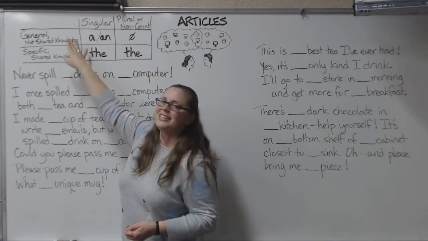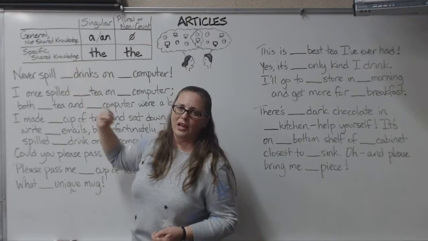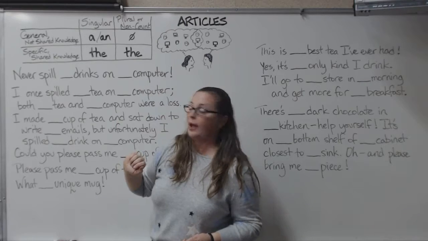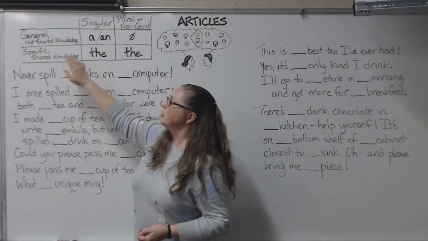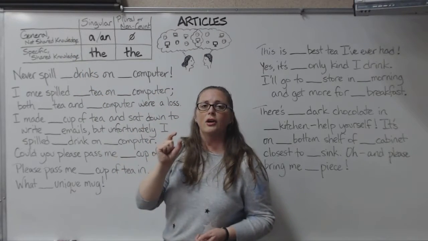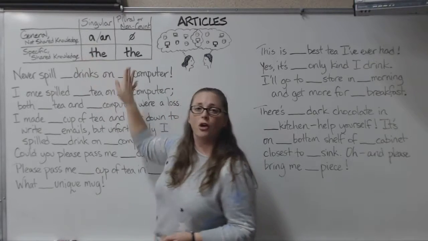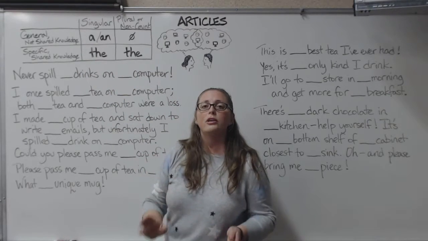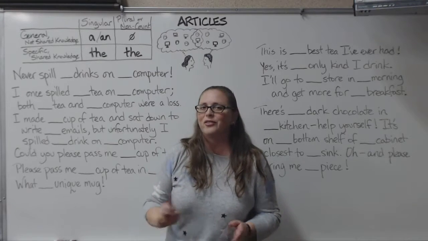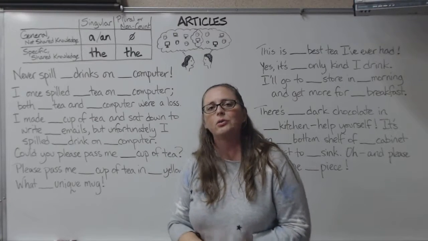But these are the ideas that you want to understand if you're going to get articles correct. This is not shared knowledge. This is a shared knowledge of a certain item. So you'll notice, if the knowledge is shared, you always use the. It doesn't matter if it's singular or plural or count or non-count.